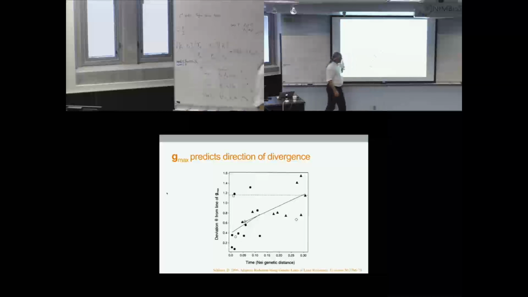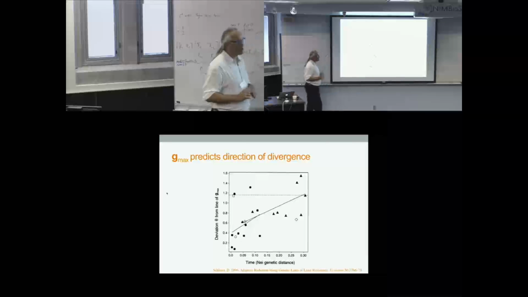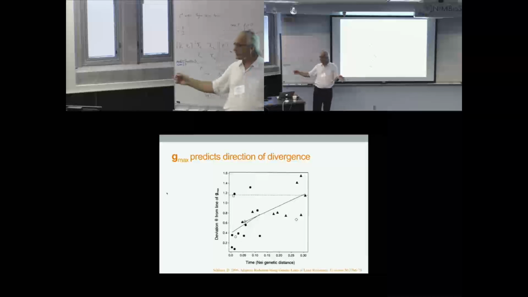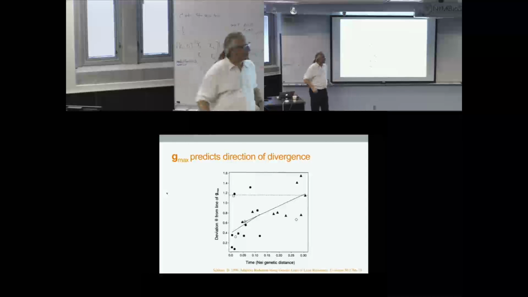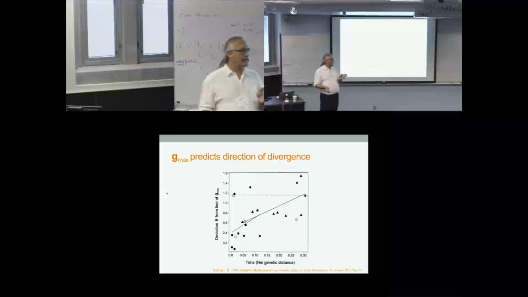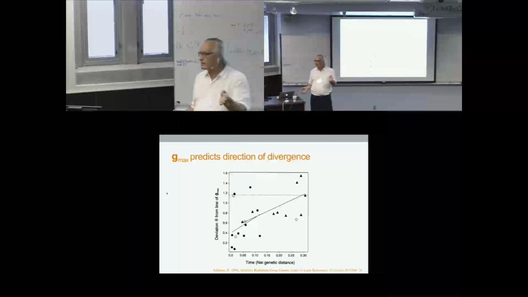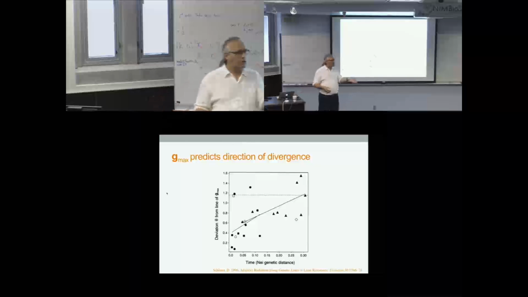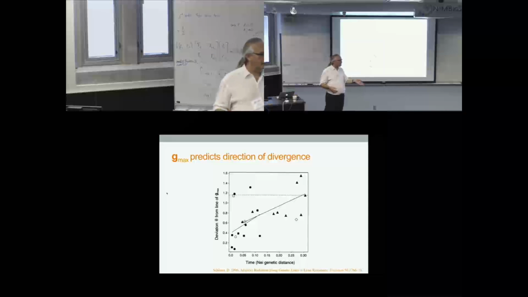So, right. So then he said, all right, for each of those G matrices, what's the main axis of G? What's this G max? And so if there's anything to this G matrix stuff, then it should be the case that the divergence between populations is skewed in the direction of G, right?